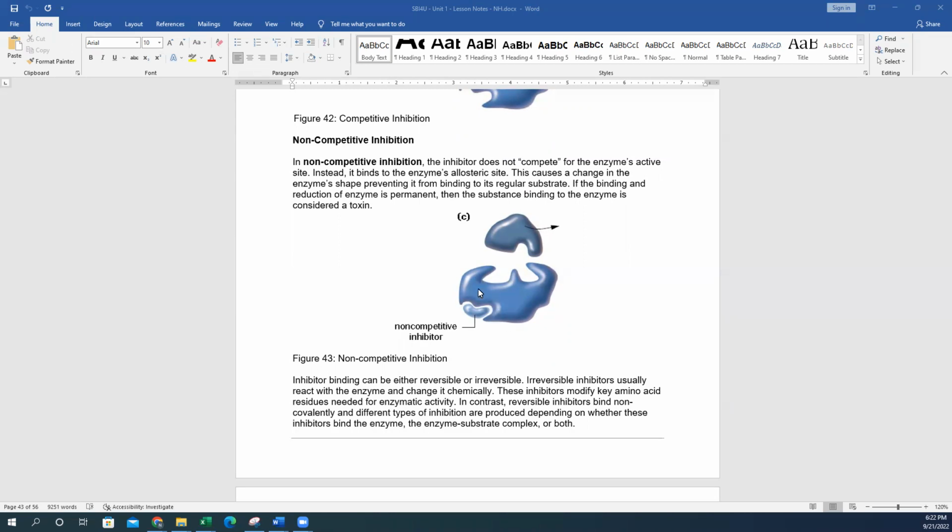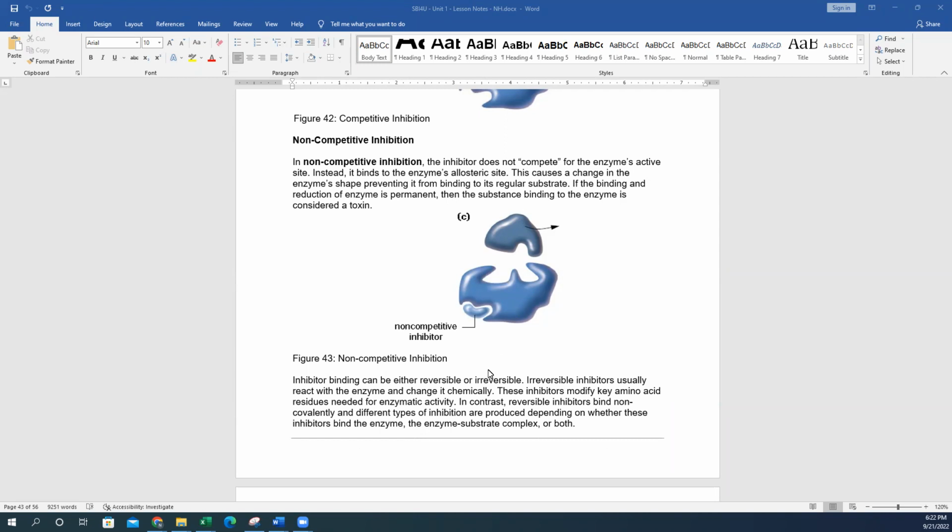It alters this enzyme in a way that it no longer is able to bind. It's caused the modification of some of the amino acid residues that are important to the enzyme's activity.